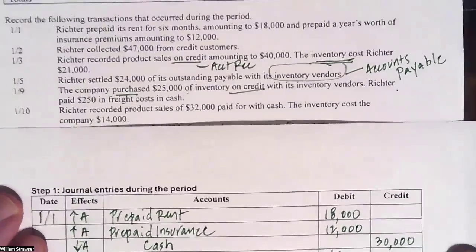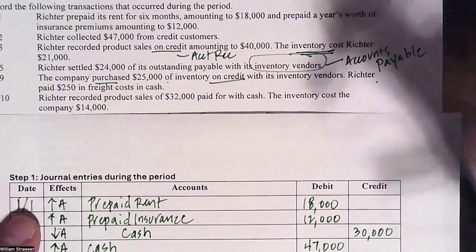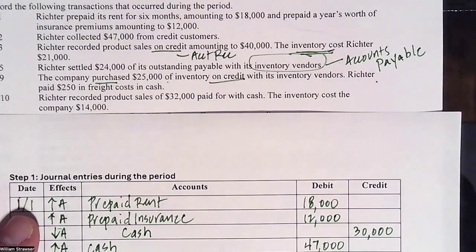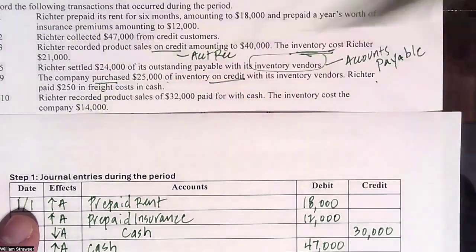On 110, we have another product sale. They recorded product sales at 32,000, paid for with cash. So they sold the product to customers that paid with cash, and the inventory cost the company $14,000.